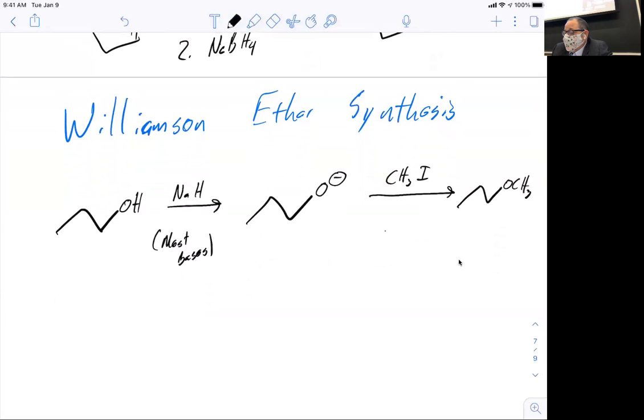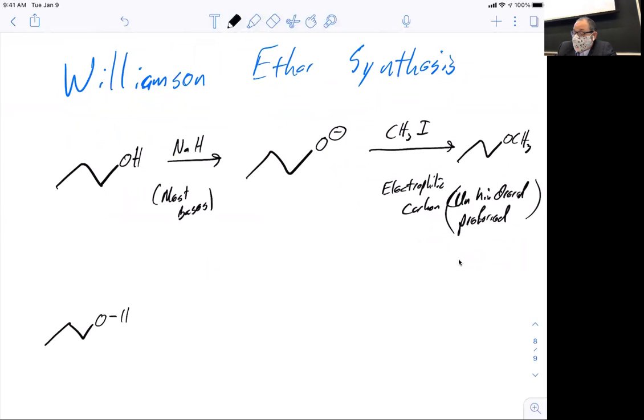And then here, all I need is an electrophilic carbon, unhindered preferred. Right? So unhindered preferred, because this is going to be an SN2 type process.